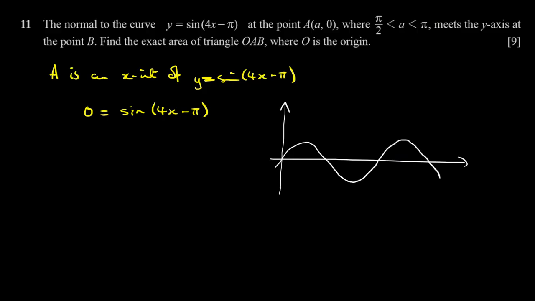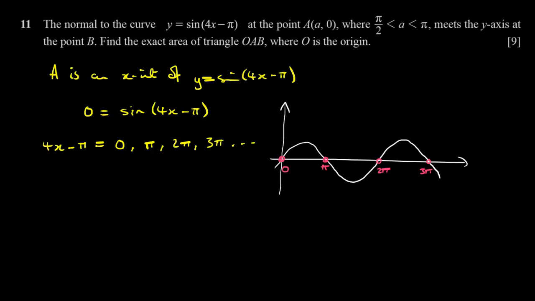The sine curve is equal to 0 here at the point 0, here at the point pi, here at the point 2 pi, and here at the point 3 pi. Okay, so in other words, what we've got here is that 4x minus pi must be equal to either 0 or pi or 2 pi or 3 pi or so on and so forth.